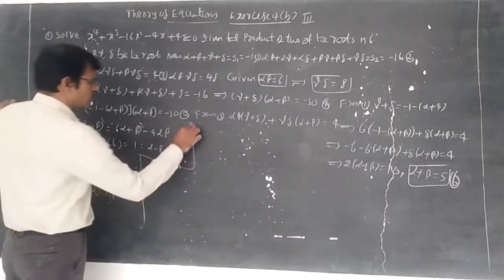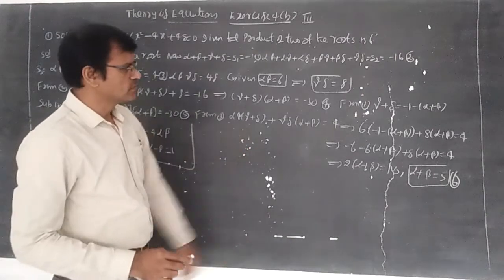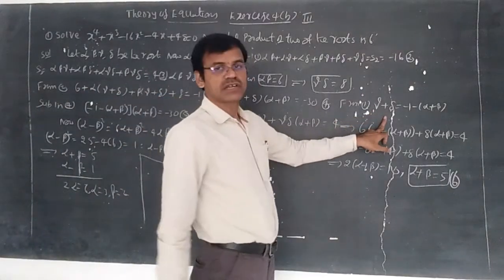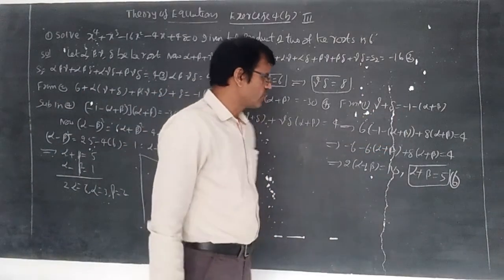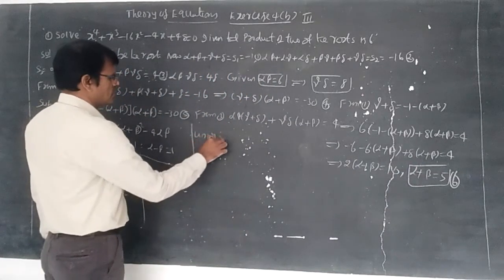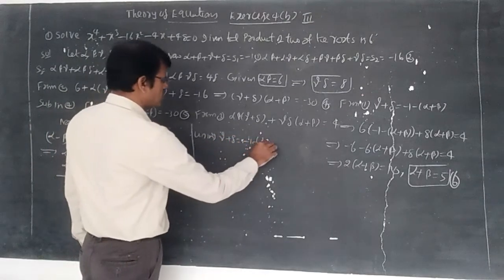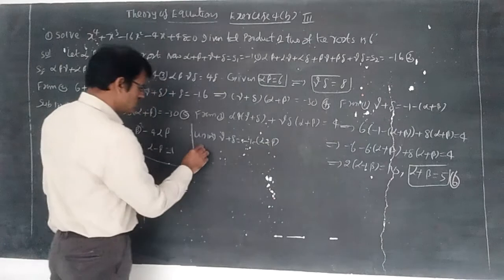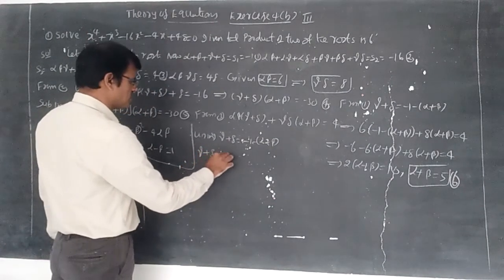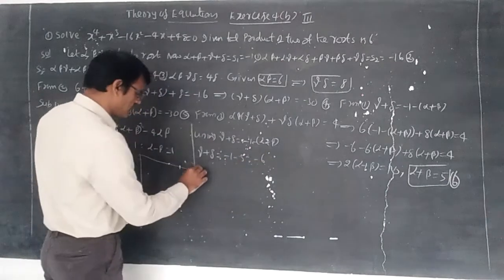In the similar way, gamma plus delta is equal to minus 1 minus of alpha plus beta. So gamma plus delta is equal to minus 1 minus 5, that is equal to minus 6.